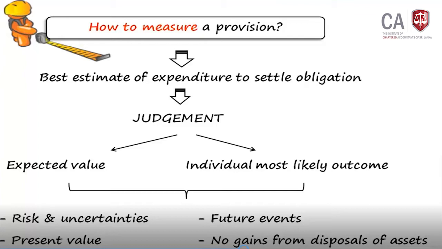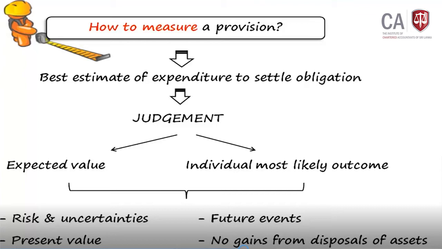Therefore, when you calculate provision, you have to consider how much is coming as minor repairs, how much will come through major repairs. Then you will calculate expected value based on probability. Expected value means probability theory. You calculate provision based on what? Probability theory, which is expected value.